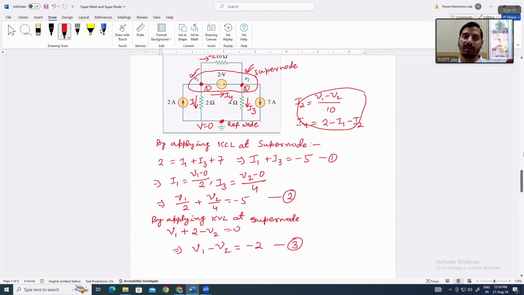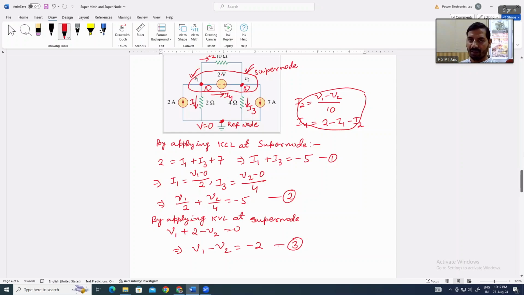If we go for any other method, it will definitely take time, because we have to get more than two equations to solve this problem. If we go for another alternative to solve this circuit, we have to solve many equations, more than two.